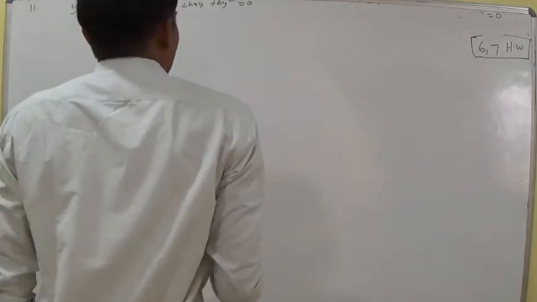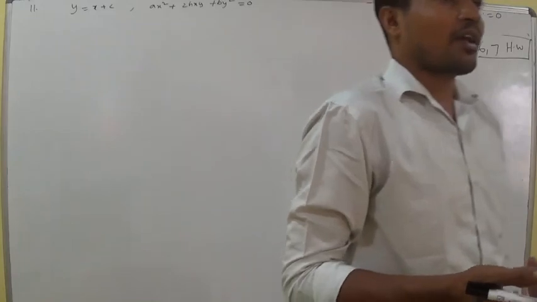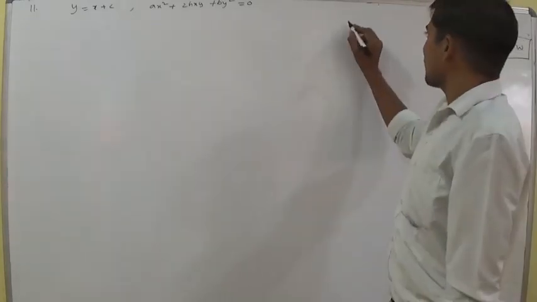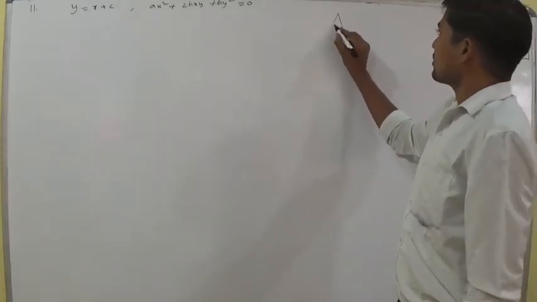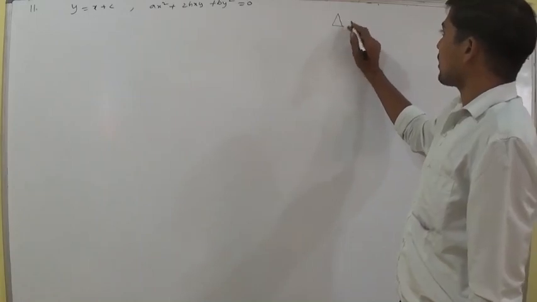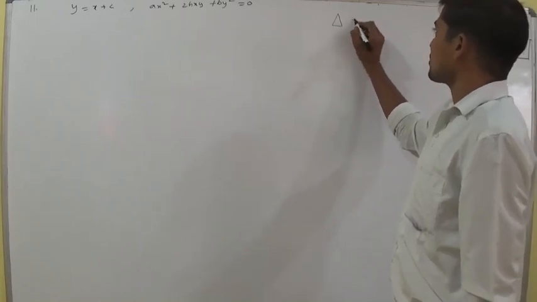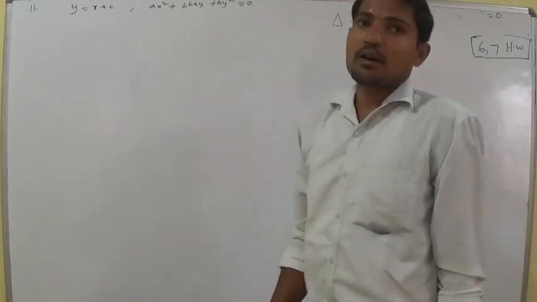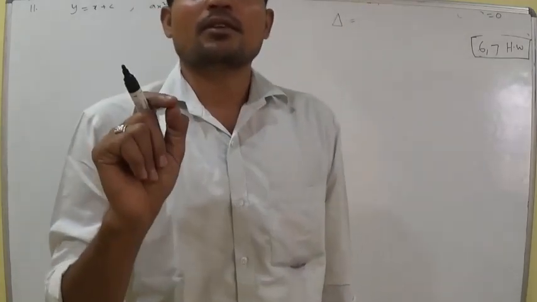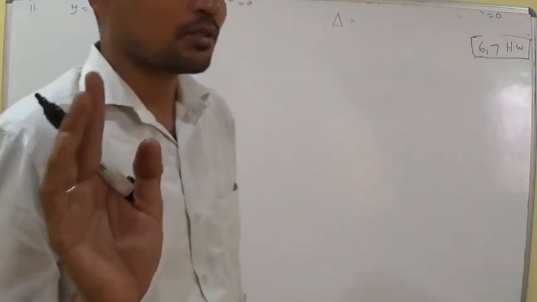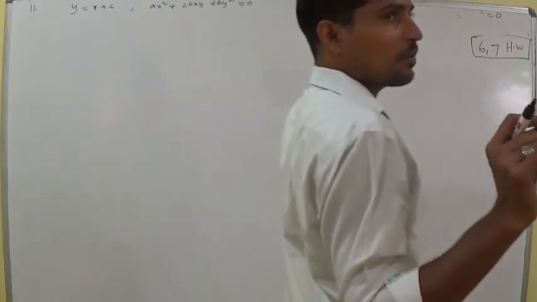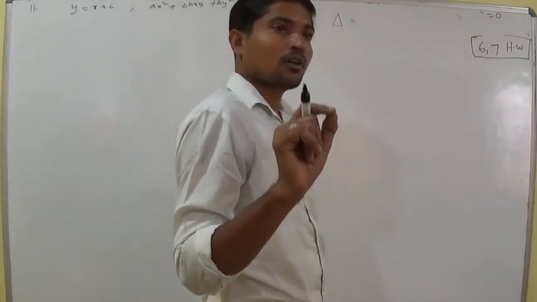So area of a triangle formed by the lines is delta equal to, always you have to remember the formula. Whatever formula we discussed up to here, write separately on a page, otherwise keep a separate book for formulas.